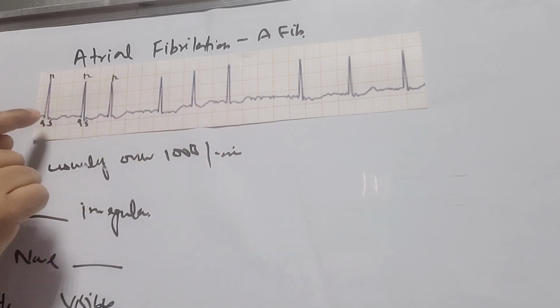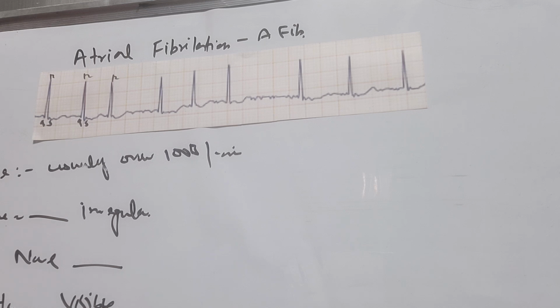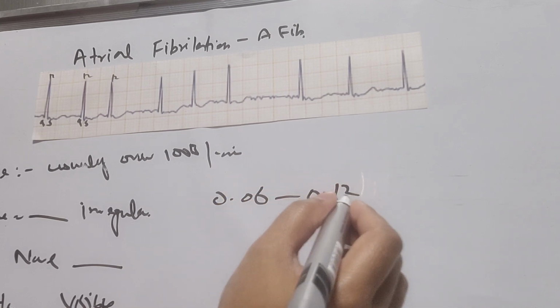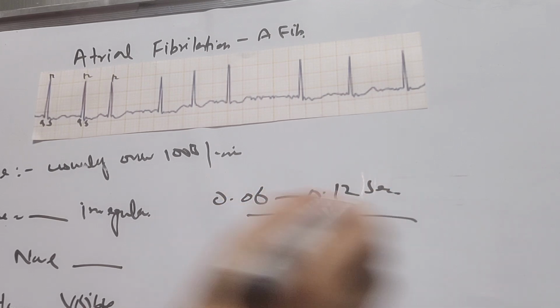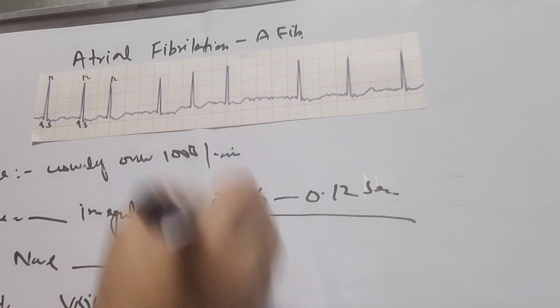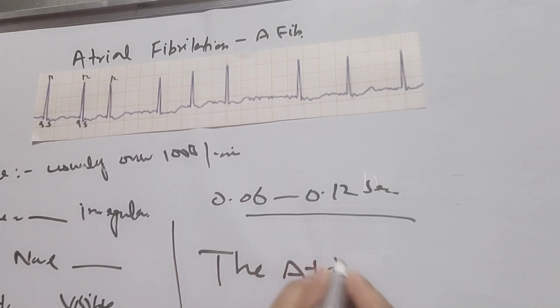The gap in the QRS is all the same, is normal, 0.06 to 0.12 seconds. This is the normal gap of the QRS complex. So what we can say, the atria is quivering.